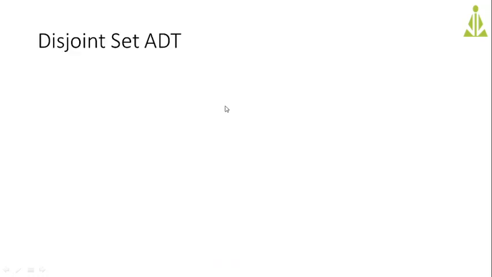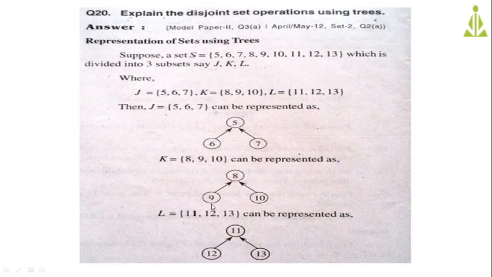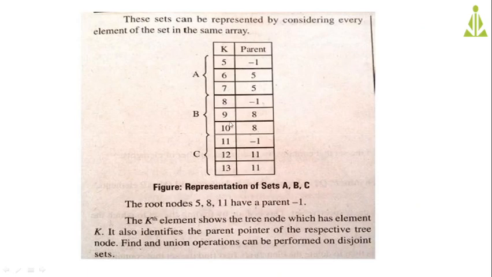In the same way, in the second set, 8 is a root node, and 9, 10 are leaf nodes of root 8. In the third one, the element 11 is a root node, and 12 and 13 are leaf nodes of root 11.